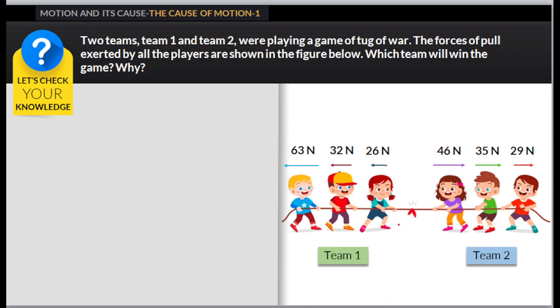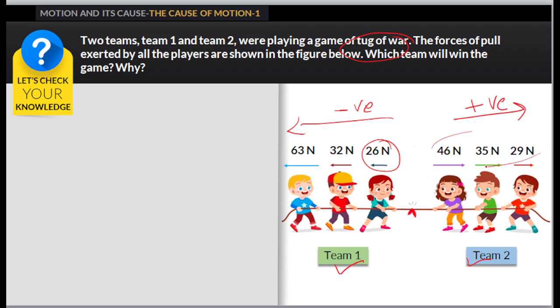Now in this case, there are two teams, 1 and 2, and they are playing the game of tug of war, and they are exerting some force. All the players shown are applying some kind of force, and the force is given, and we can see that they are applying force in this direction and they are applying force in this direction, so the forces are in the opposite directions. Let's say I choose this force as my positive reference, so this will be negative because it is opposite to this.